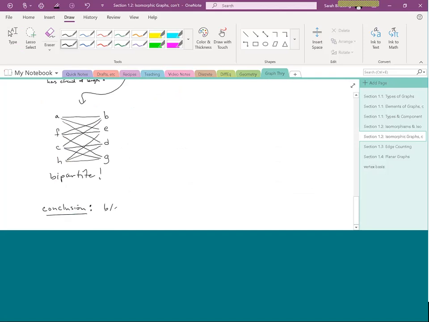Because one of the graphs is bipartite and the other one isn't, we're going to get that our 2 graphs are not isomorphic. Okay.